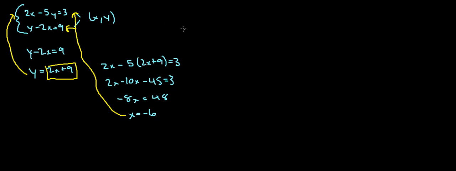So I'm going to put in y is equal to, minus 2 times minus 6 is equal to 9. I subtract. So now I have the x and y coordinate, so I have the solution. So the solution to this system of linear equations is minus 6, minus 3.